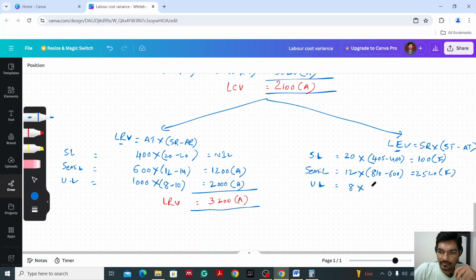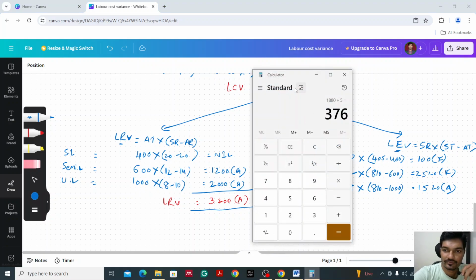And unskilled labor, 810 minus 1000. Here we are getting a negative value, because 810 minus 1000 means a negative value of 1520 in adverse.